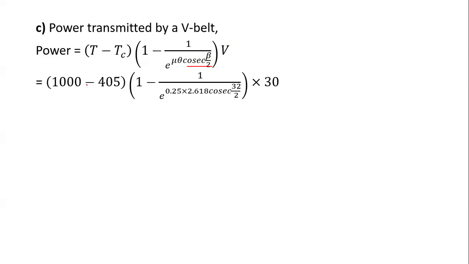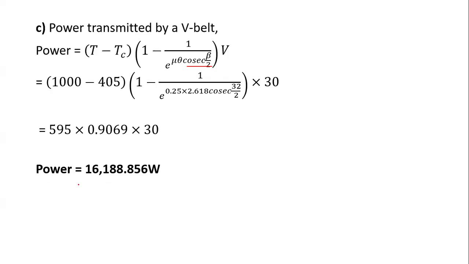So 1000 minus 405. Inside we have 1 minus 1 over e to power 0.25 times 2.618 cosec 32 over 2, which is 16. Then the velocity of this belt is 30 meters per second. With all that, our product this time around is coming to 0.9069.